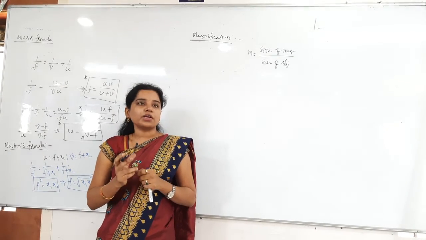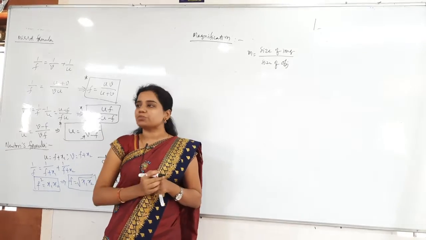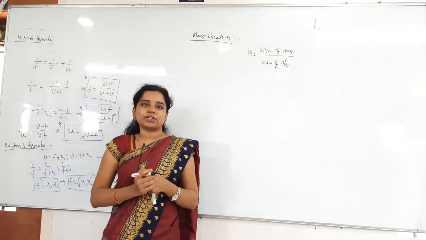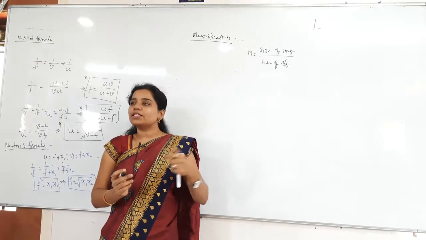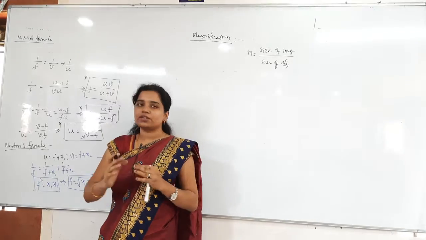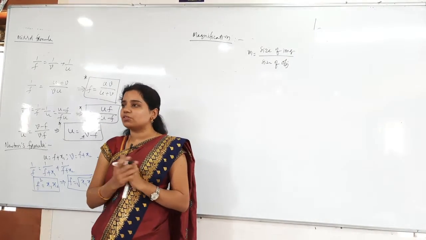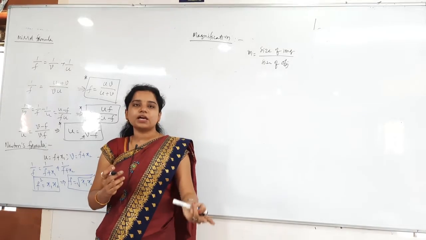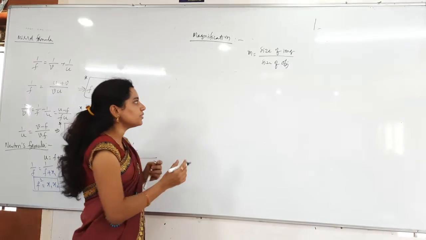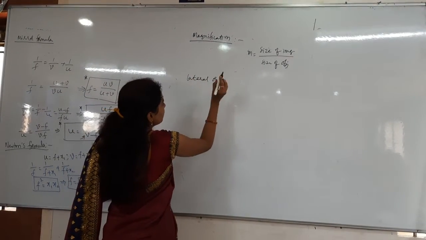Next, longitudinal magnification is when the object is kept parallel to the principal axis. Then after that we get areal magnification. At that time we take the area of the object and the area of the image. Always it will be the ratio of the image to the object only. That might be length, area, or height, anything. So whenever you come to the lateral, or what is that I said?